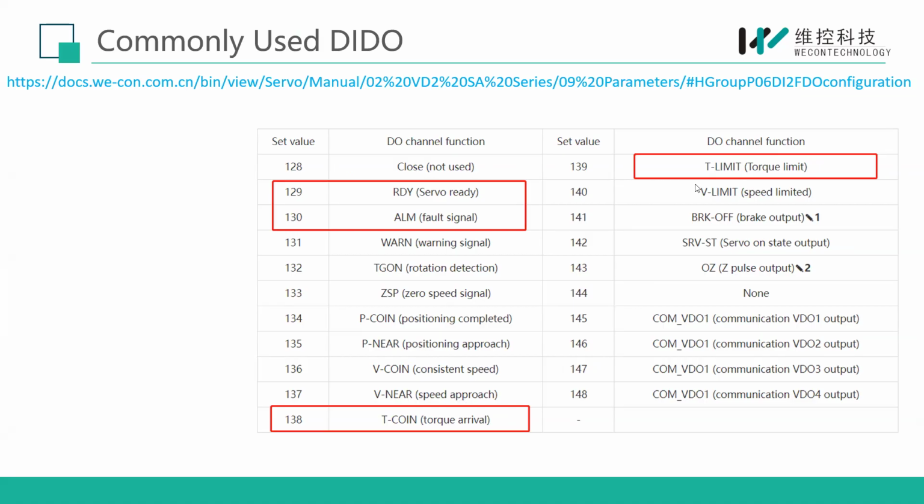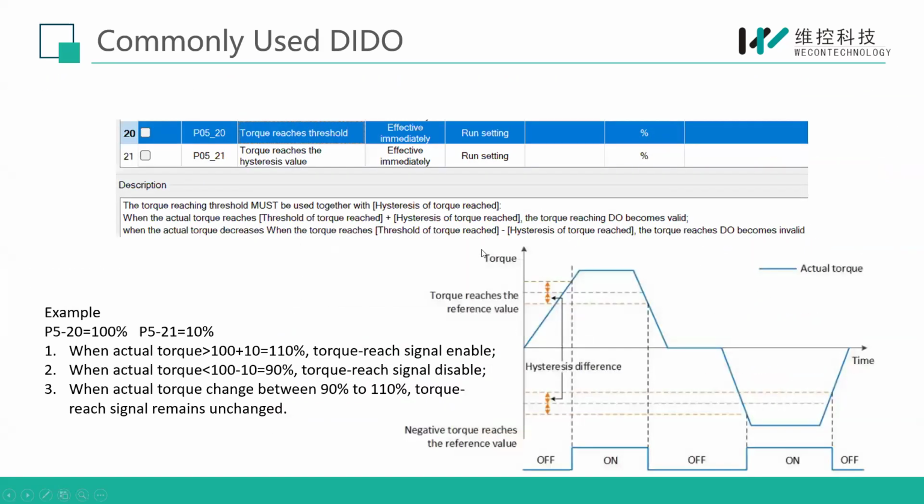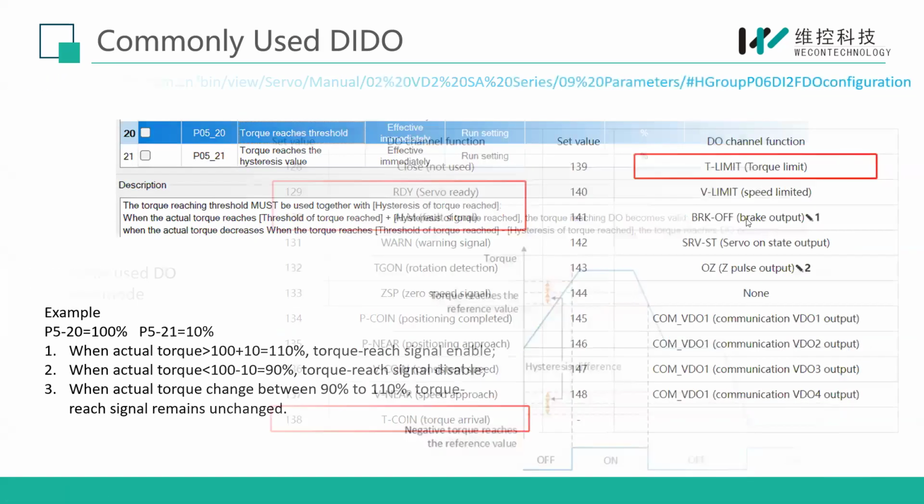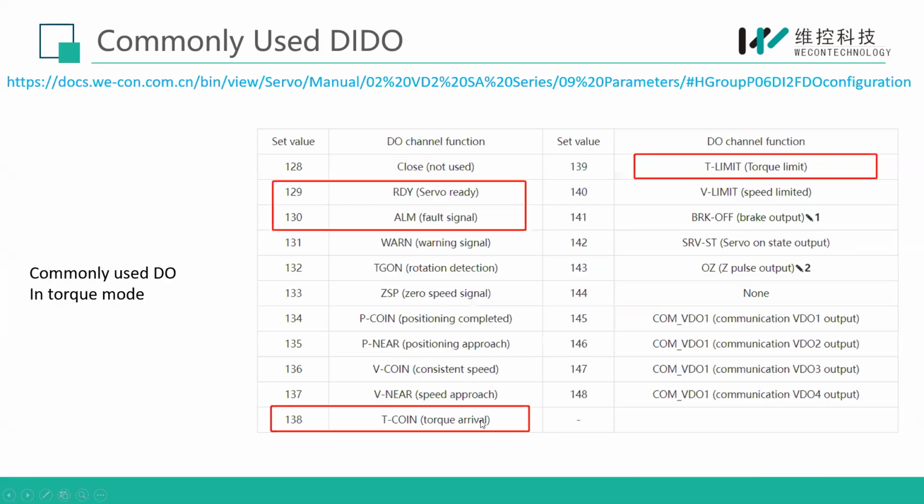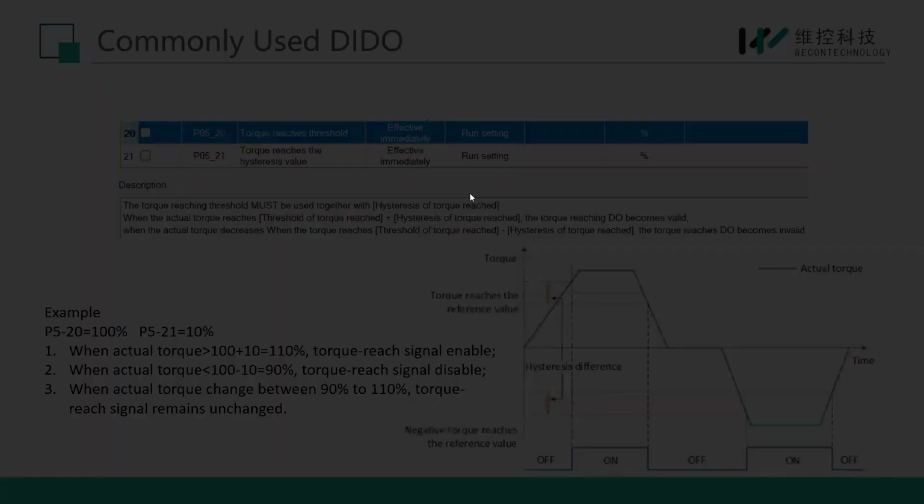These two are commonly used. Torque arrive means, for example, if we set the torque as 10, and when the torque achieves 10, this DO will output a signal. Torque limit also means that when the torque achieves the torque limit we set, it will output a signal.